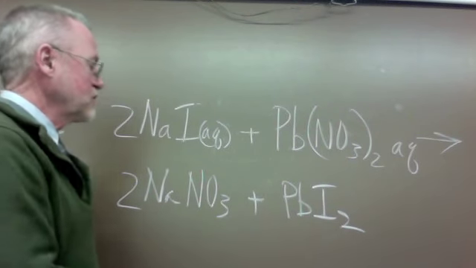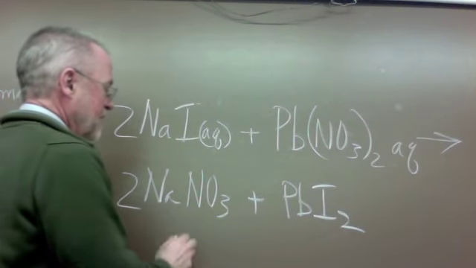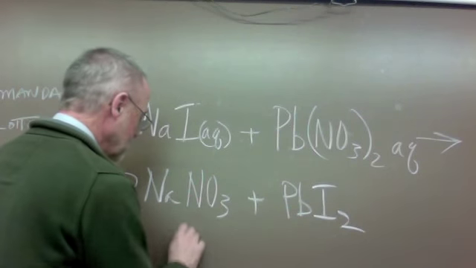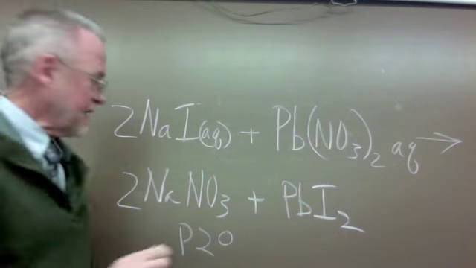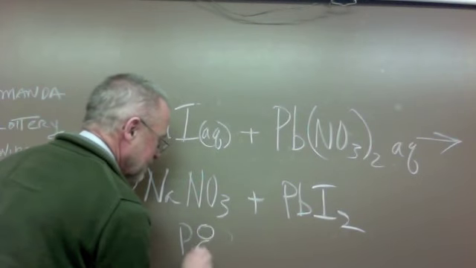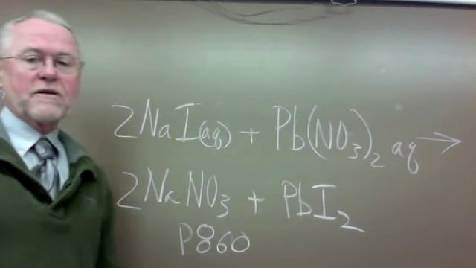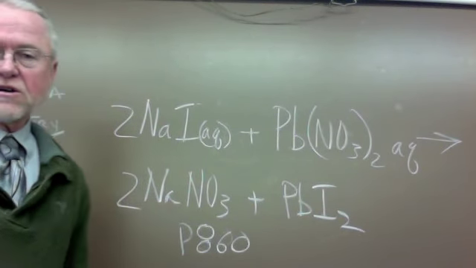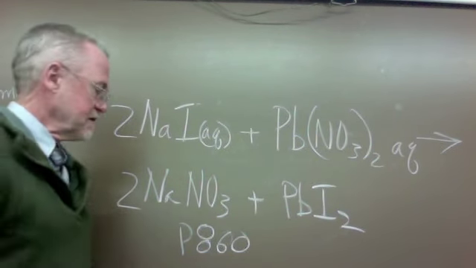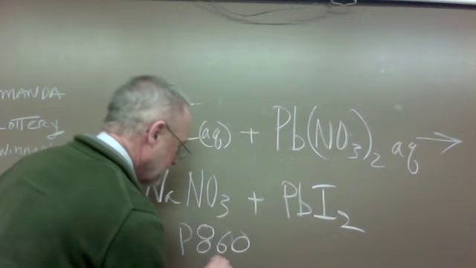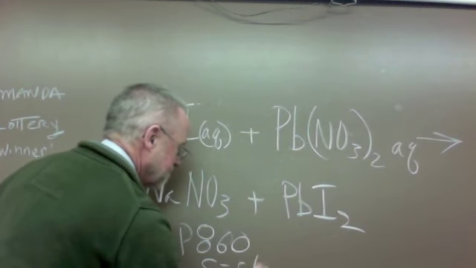The way we know which one's which is we consult page 860 of your book. On page 860 there's a solubility chart. On the solubility chart, a capital S means soluble.